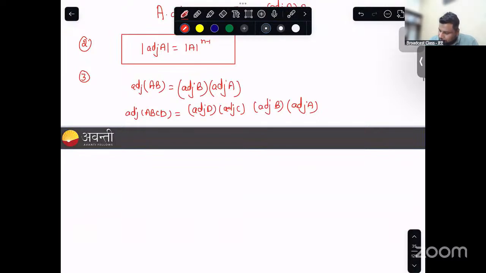Now, property 4. Now I start something really serious properties.